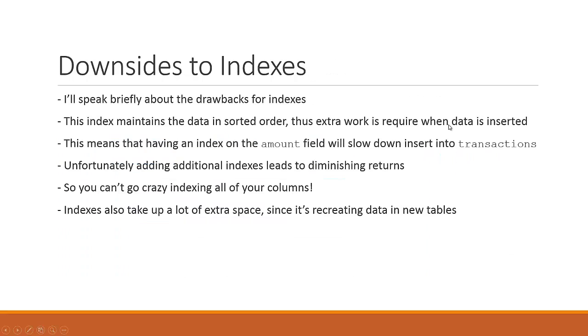Okay, so what you need to realize is that inserting data when you have an index on one of your columns is going to take more time because there's extra work that's required to maintain your index, right? Because if you just kept on tacking on fields at the end, then you wouldn't have sorted stuff anymore, and it just wouldn't work anymore. So this means that having an index on the amount field will slow it down.